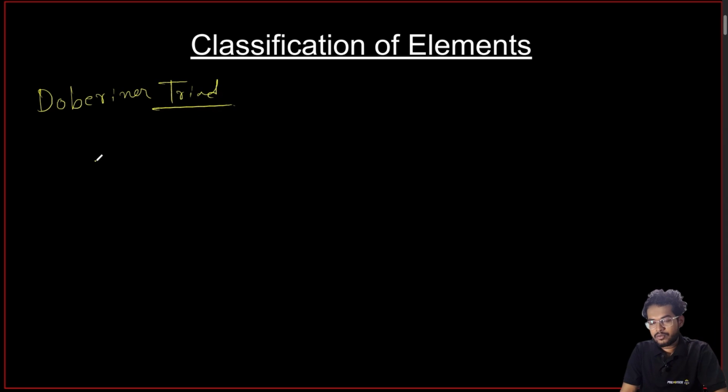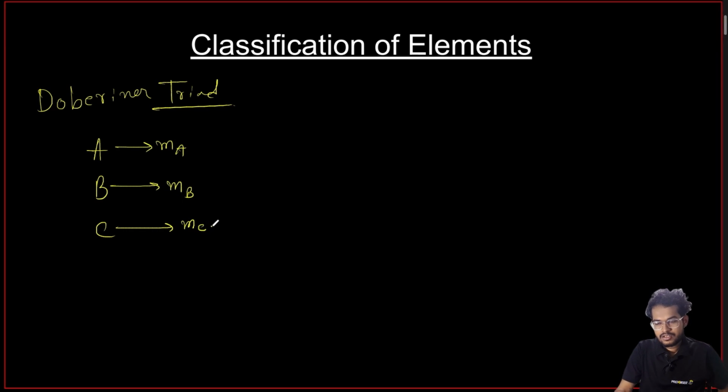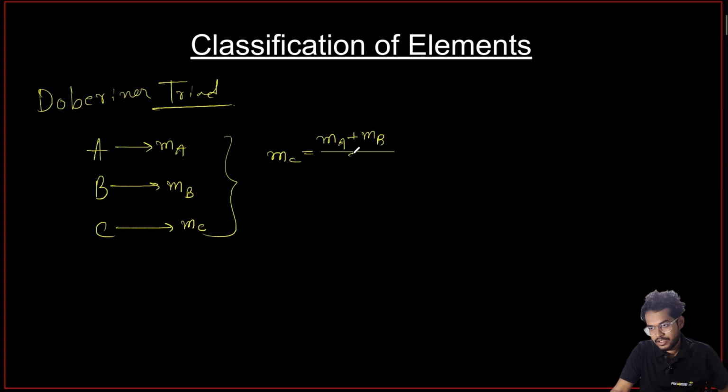The Dobereiner triad: what Dobereiner said is that you have 3 elements A, B, C. Their masses are Ma, Mb and Mc. So the relation will be that the mass of B will be the average of the masses of A and C. So this is how he designed the periodic table.